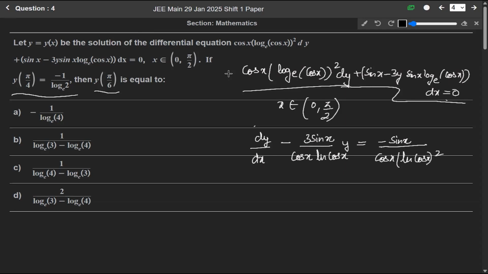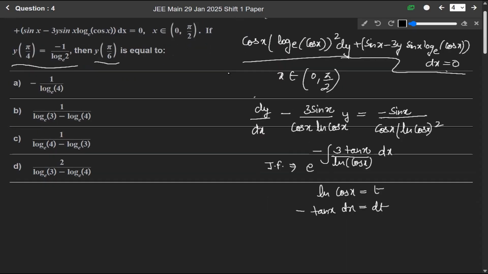Now if we take the integrating factor, the integrating factor here will be e to the power minus of 3 sin x over cos x, which is minus 3 tan x, over log of cos x into dx. Solving it, let us take log of cos x equals t. So minus tan x dx will be equal to dt.